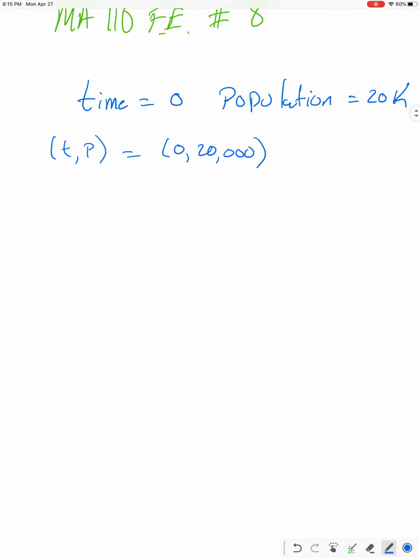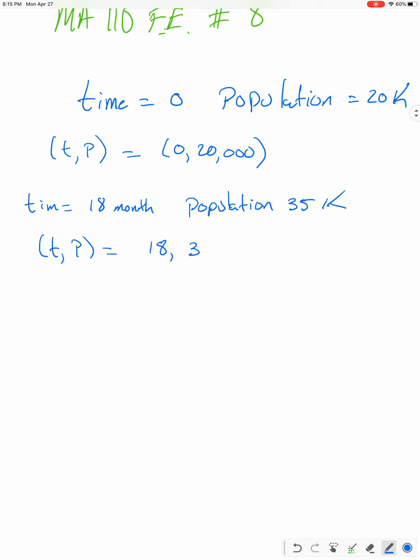Then we're also told that when 18 months pass, so time equals 18 months, the population has grown from 20,000 to 35,000. As a point with time and population, that's 18 comma 35,000. So now I have 2 points.